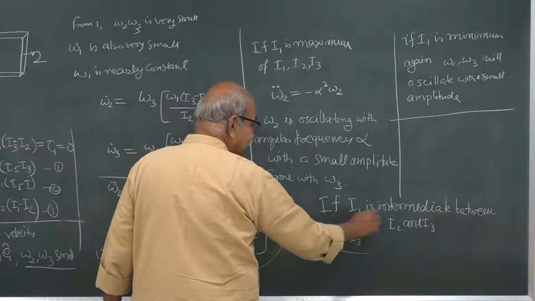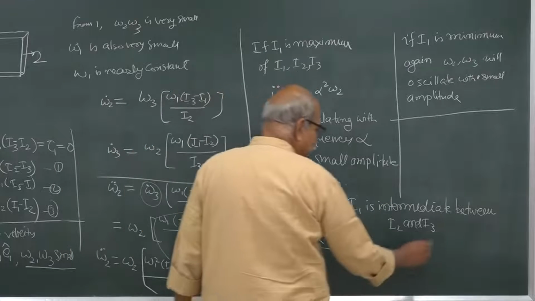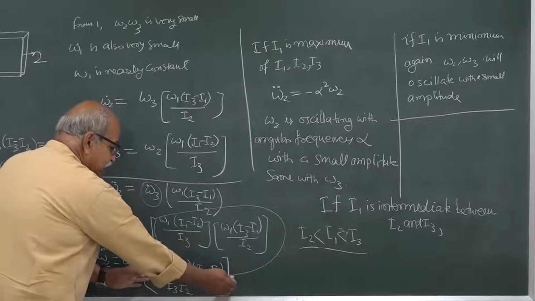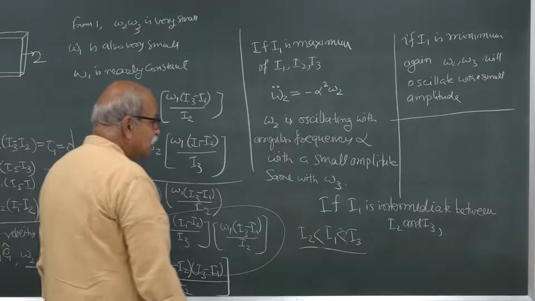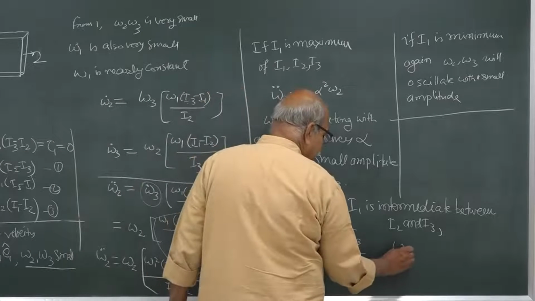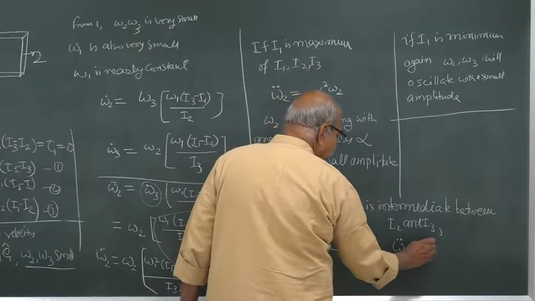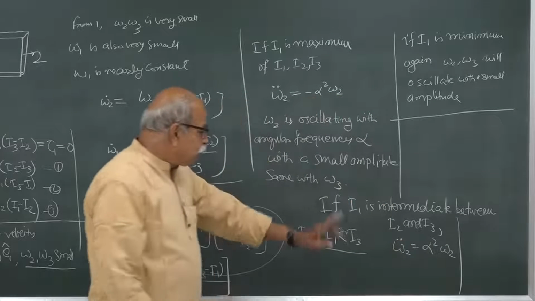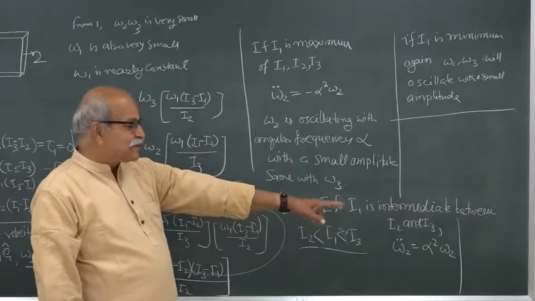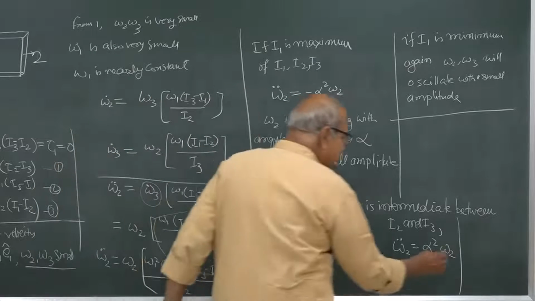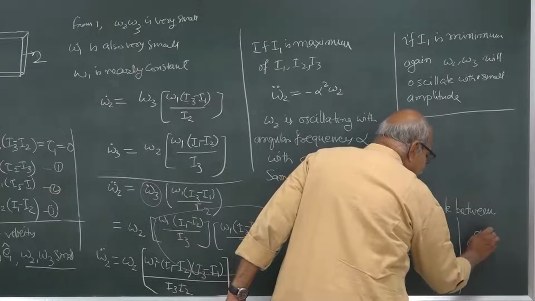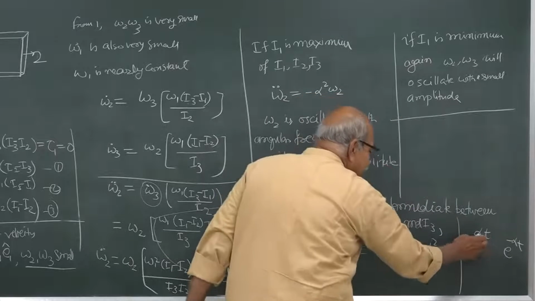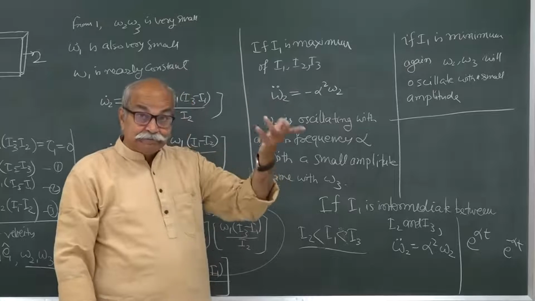So, if I 1 is intermediate between I 2 and I 3, then this factor here is positive, and you can write your equation as omega 2 double dot equals alpha squared times omega 2. And you know the solution of this equation also. It will be like e to the power alpha t, and the other term will be e to the power minus alpha t, but this will not dominate, this will dominate. So, it will keep increasing.